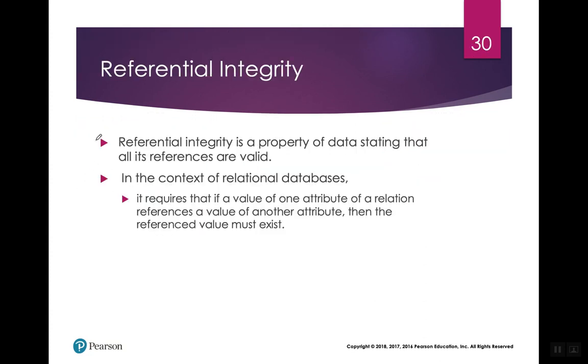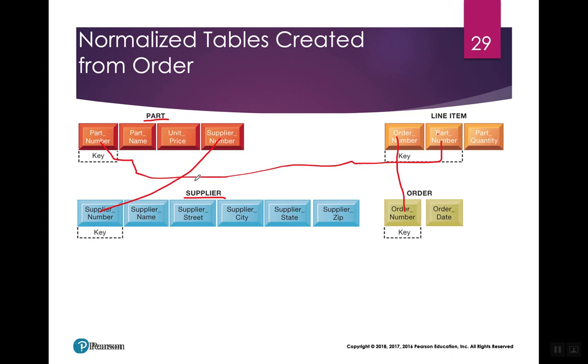So referential integrity, which we had talked about: we need to make sure that all of the references are valid. So if I have a field here in my part table, if I say there's a supplier in here, there better be a supplier in here. And the thing to remember is, if I delete this supplier number out of the table, the database management system will come back up here and take out any parts that match.